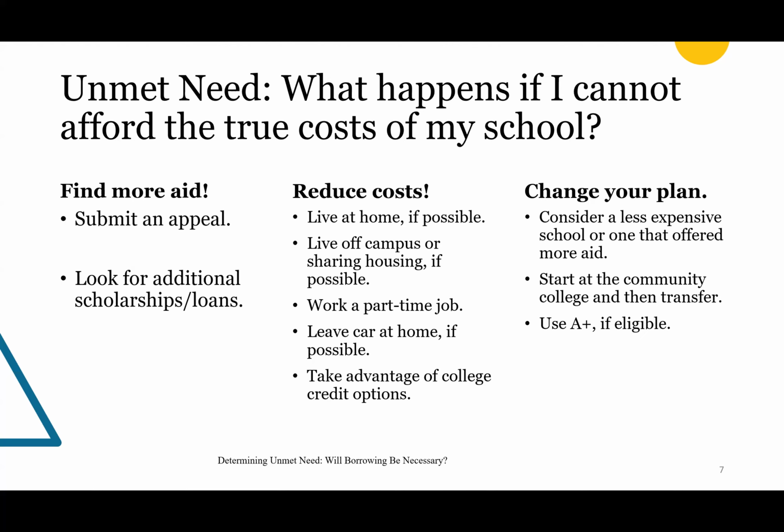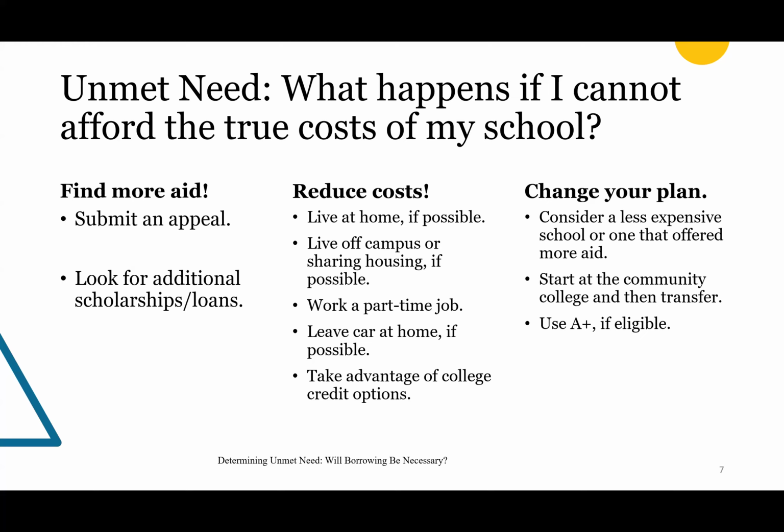Next is starting at community college and then transferring. Community colleges are oftentimes the cheaper option in tuition. Then you can take advantage of being able to transfer the credits to another university that you're interested in.